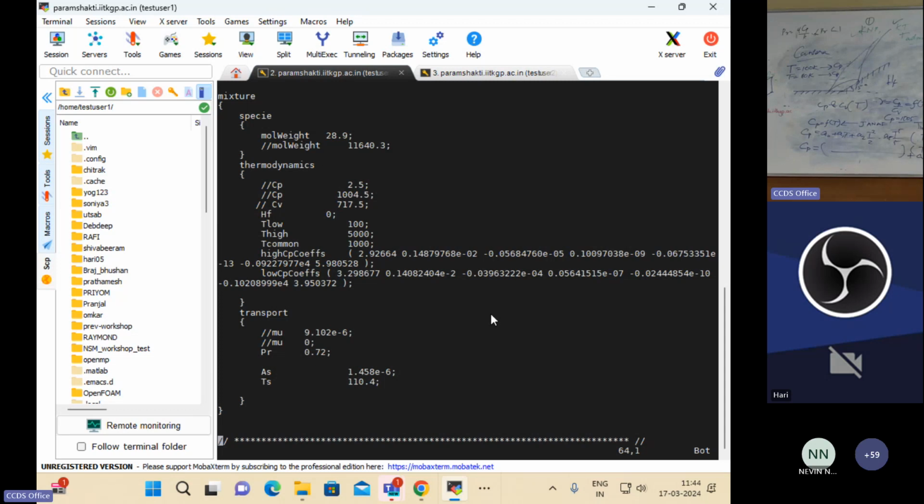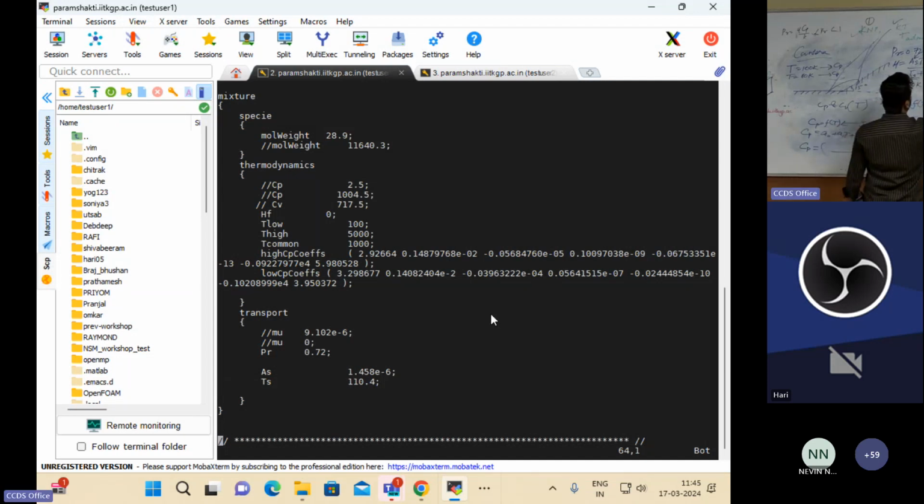And now the transport properties which I was talking about: in our simulation we have kept the Prandtl number as 0.72, and the Sutherland equation that I was talking about, As times T to the power 3 by 2 divided by Ts plus T. Ts is 110.4 for our simulation, and As is 1.458 times 10 to the power minus 6.